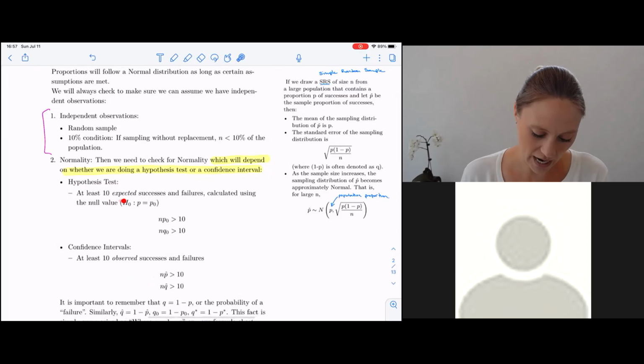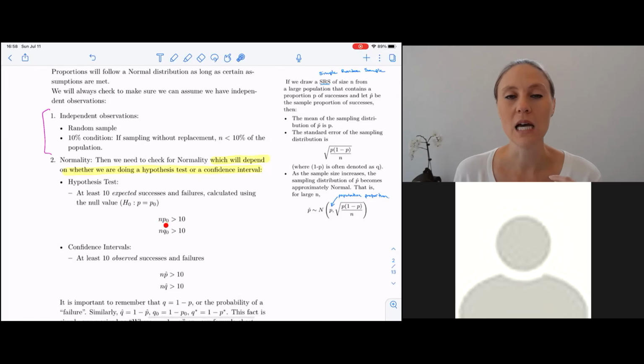Okay, so for a hypothesis test, we need at least 10 expected successes and failures, which we calculate using the null value, so the p naught from the null hypothesis, right? And so you have your sample size times p naught. So that's how many successes you would expect to see under your null hypothesis, right?